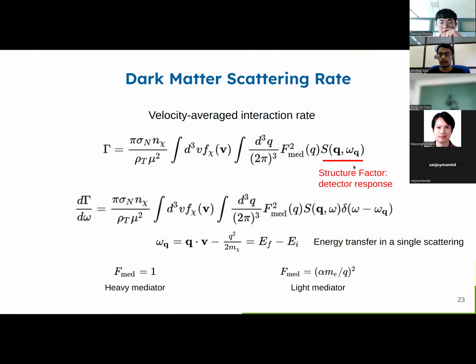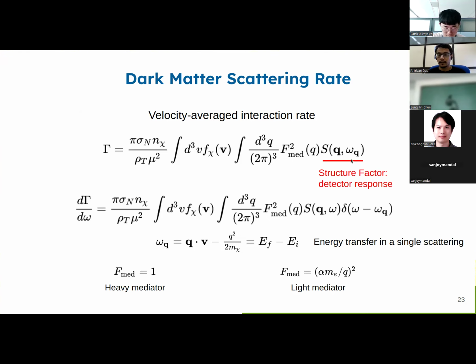One is the structure factor. And this quantity here, let me first explain this. This is a form factor, which just depends on the mediator of the interaction, the mediator between the nucleus and the dark matter. If it's just a point-like interaction, so a heavy mediator, then this form factor is just 1. If it's a light mediator, this form factor goes as 1 over q squared.